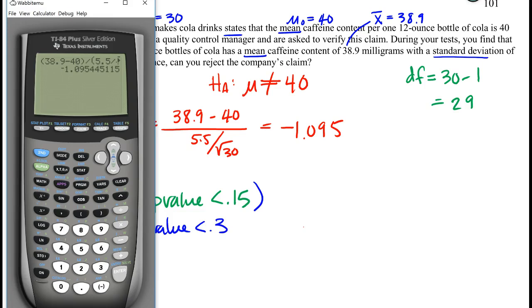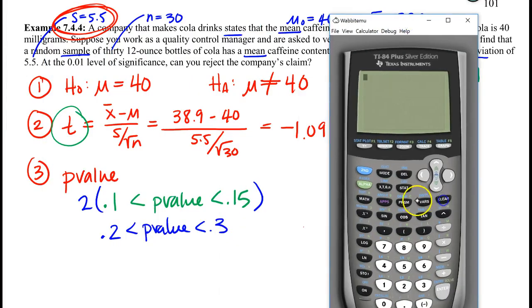Just to verify this with a calculator, I could have done all of this with t-test, since we're doing a t-test. Now we're looking at 40. How does it compare to 38.9? Are they that different, especially if our sample standard deviation is 5.5 and we're drawing 30 things?